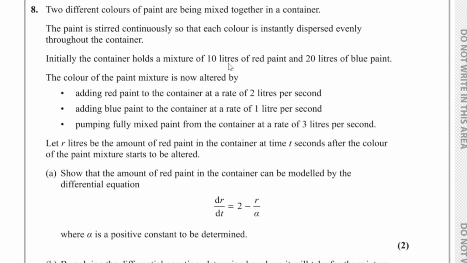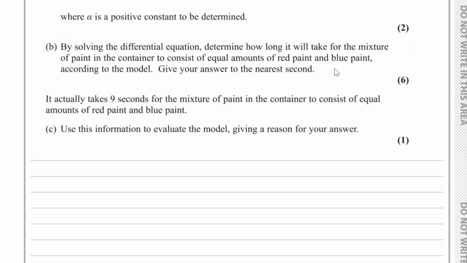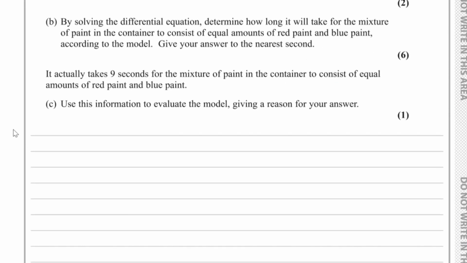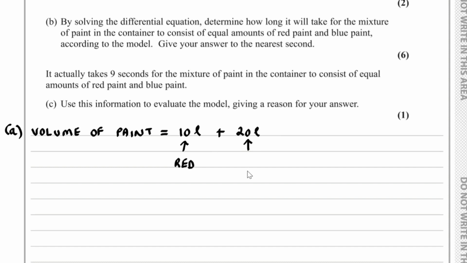Well, we've got 10 litres of red, 20 litres of blue, and so for part A, the volume of paint, we've got 10 litres of red plus 20 litres of blue, which is 30 litres.